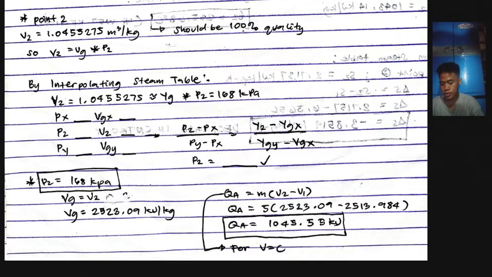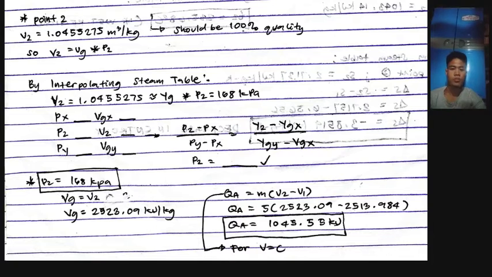Next for getting the value of P2 is P2 minus Px over Py minus Px equals Vg2 minus Vgx over Vgy minus Vgx. And we're getting the value of P2 168 kilopascal.